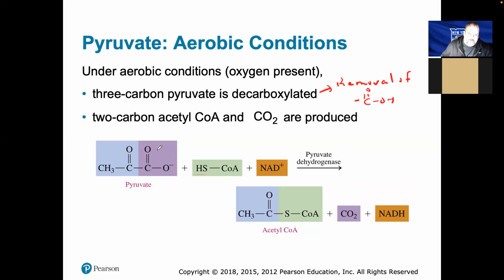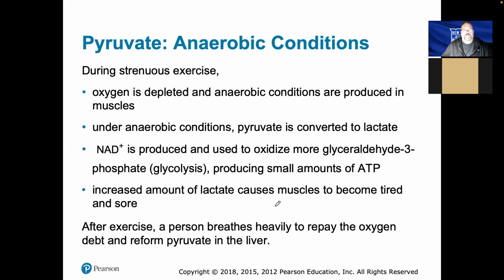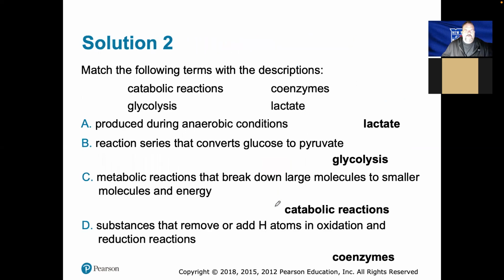Now here you have it in a deprotonated form, but essentially you still have removal of the carboxyl group. 2-carbon acetyl coenzyme A and carbon dioxide are produced. So 1 pyruvate is going to produce 1 acetyl coenzyme A, but essentially you have 2 pyruvate entering the process, and therefore you're going to get 2 molecules of acetyl coenzyme A. Not to worry about anaerobic conditions.